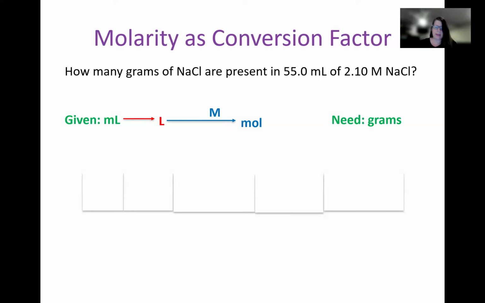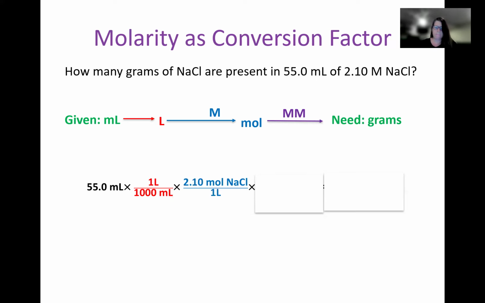And then the last step is to use the molar mass of sodium chloride coming from the periodic table to convert to grams. So we're going to start with our given, the 55 milliliters. According to our plan, we're converting from milliliters into liters. Milliliters goes on the bottom, so it cancels. The next step is to convert liters into moles using the molarity. Liters goes on the bottom, so it cancels, and moles goes on top.